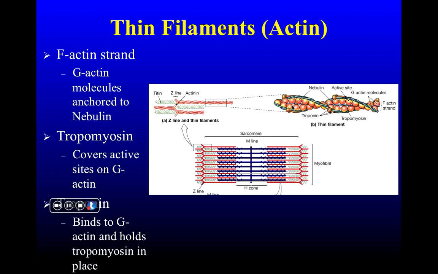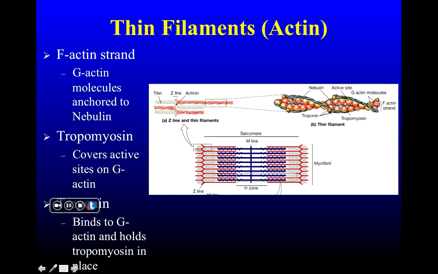So right now we're labeling the parts of actin, which is a myofilament that makes up the myofibrils that are in the muscle cell. Okay, so what are the parts of actin? Well, they got these little balls here.